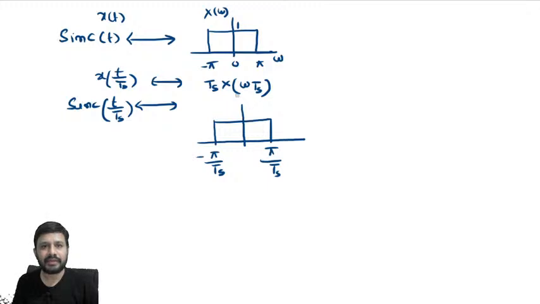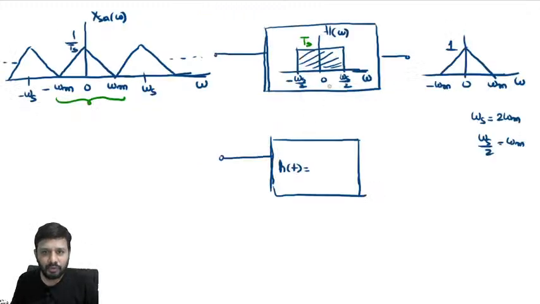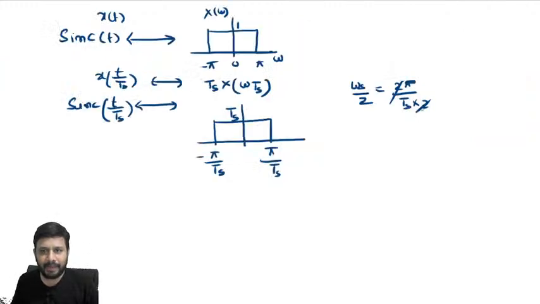So pi by Ts, minus pi by Ts, and the height becomes Ts. Now pi by Ts is nothing but what? See, omega s by 2, no? Omega s by 2 means 2 pi by Ts divided by 2, that is pi by Ts only. So what is the impulse response?